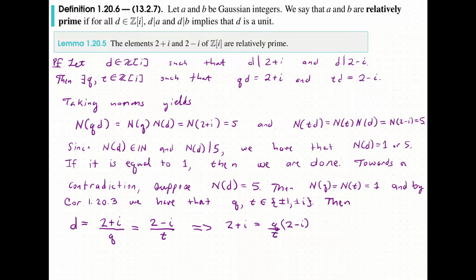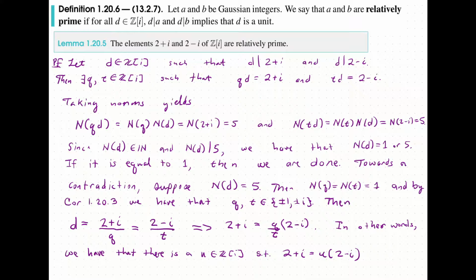But we know that q and t are units, so, in other words, since q over t is itself a unit, there is a unit u in the Gaussian integers such that 2 plus i is equal to u times 2 minus i.